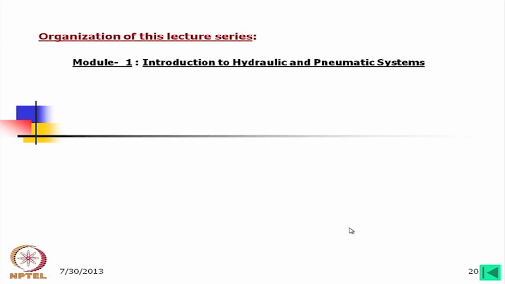Now, the organization of this lecture series. This was the introductory lecture, the first lecture. Module 1 will be introduction to hydraulic and pneumatic systems. There are a few modules, I will describe one after another, and each module has a minimum of 2 to 4 or 5 lectures.